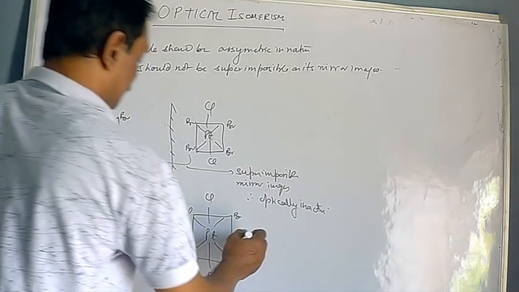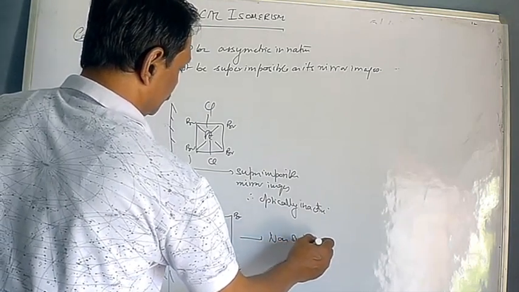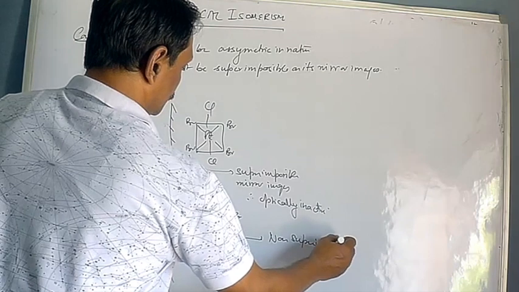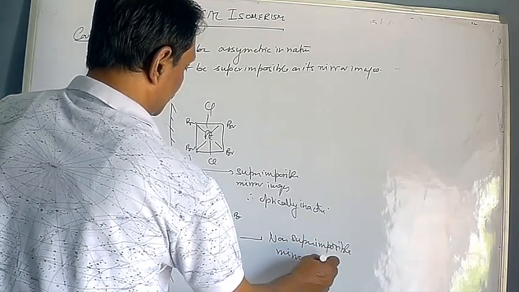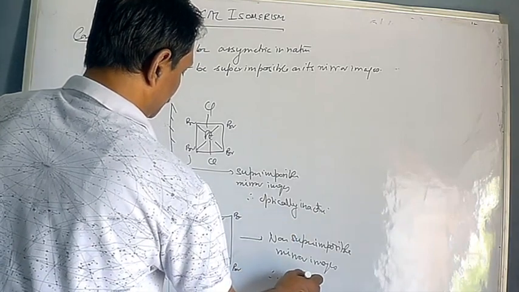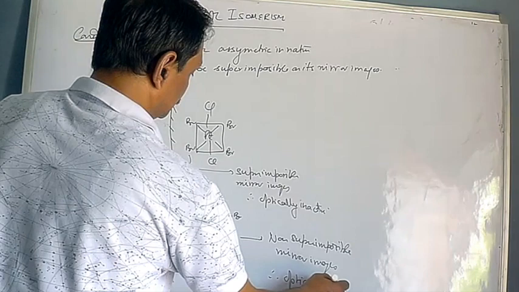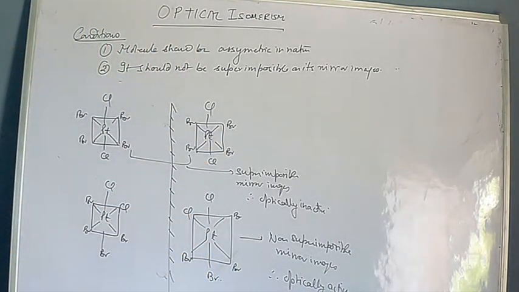So ultimately, what I am getting are non-superimposable mirror images. And if it is non-superimposable, the molecule will be optically active. Superimposable, optically inactive. Non-superimposable, always optically active.